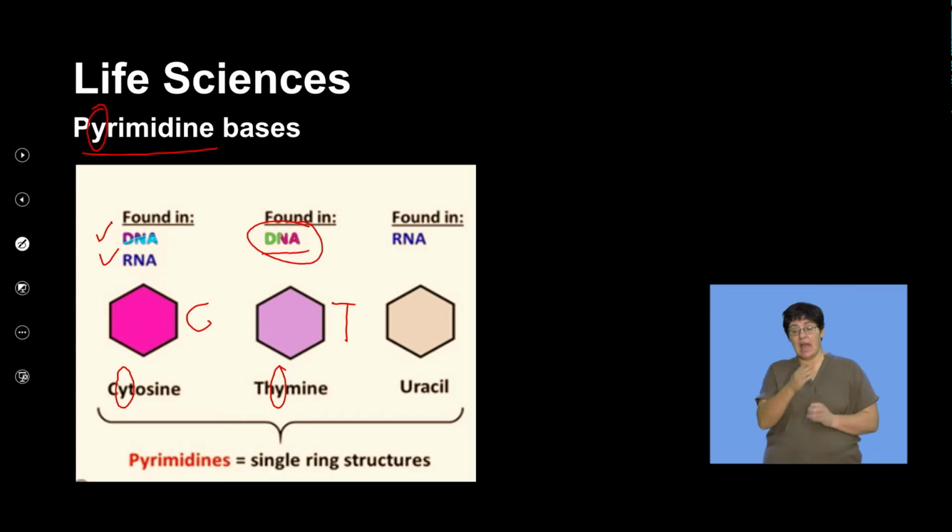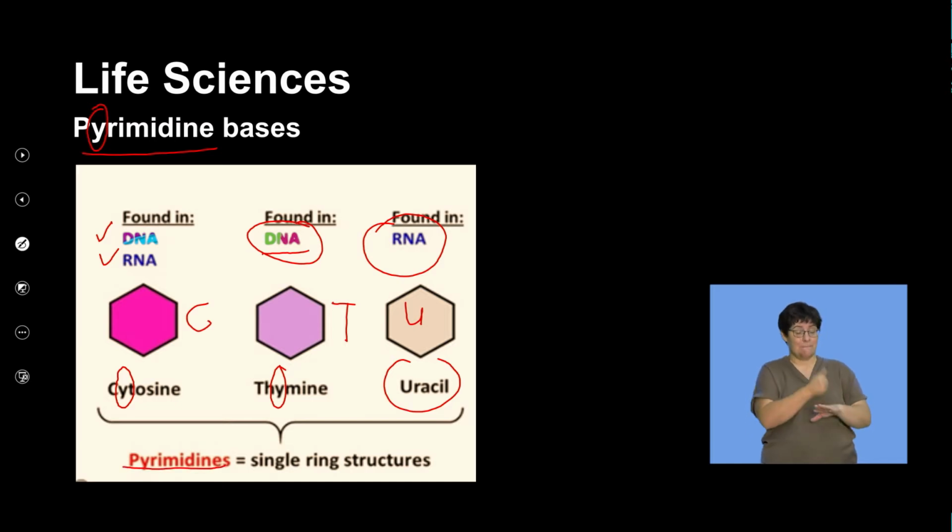In addition to that, we've got uracil, which is a type of nitrogen base which is found exclusively in RNA. And these pyrimidine bases are your single ring structures. As you would have seen here, these are all composed of a single ring structure.